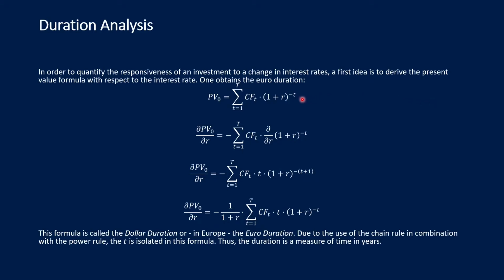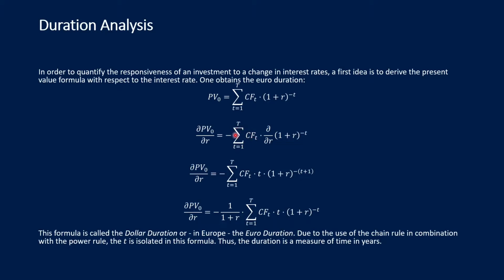So here we see a simple present value formula to value any kind of investment, for example a bond. But all other investments will do more or less the same. If we now derive with respect to the interest rate, we are going to write it del PV, del present value, with respect to del R, because we derive with respect to the interest rate.